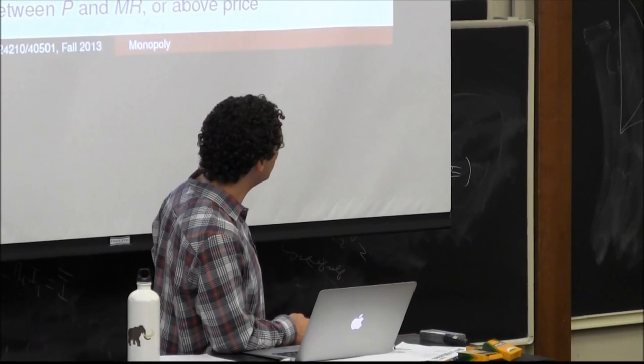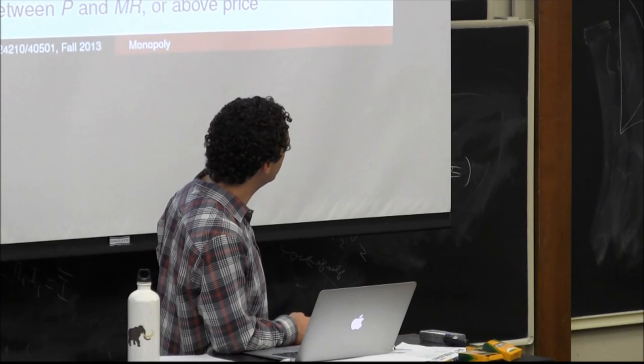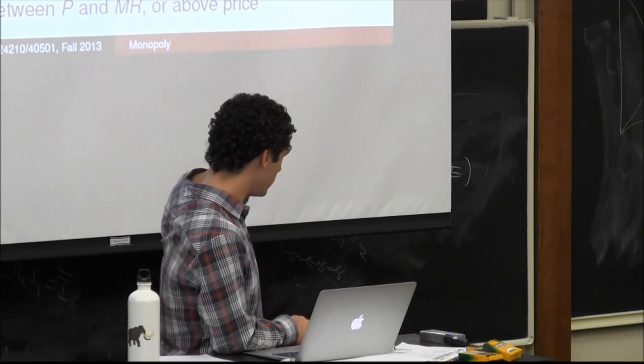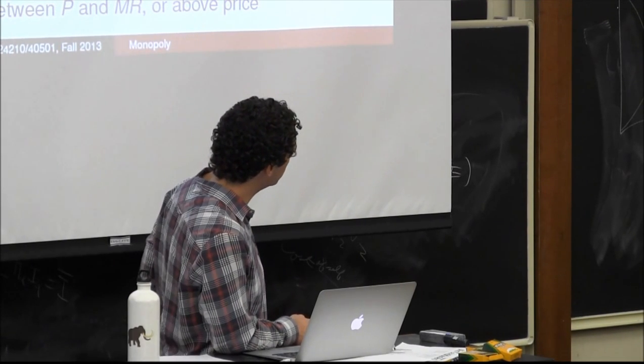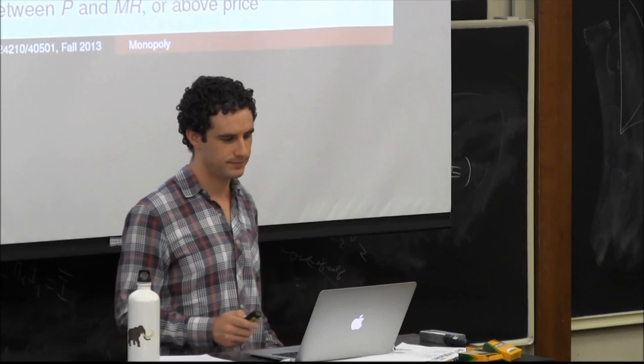And consumer surplus you can measure either as the area above price and below the demand up here, or it's the area between the demand and the marginal revenue curve up to this point. Those two things are equal to each other, and the reason is that anything that's social value that's not captured by the firm is captured by the consumers.